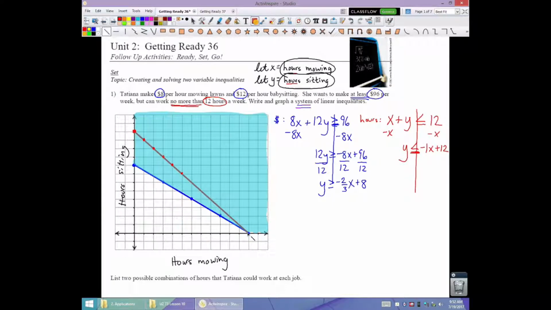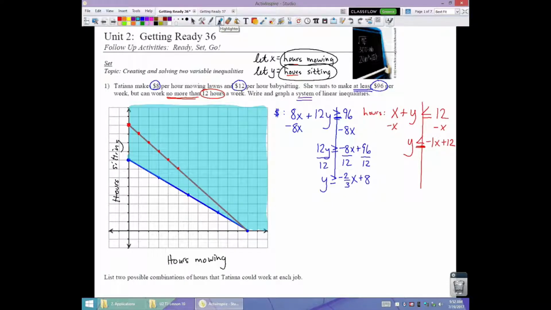And we are going to shade this one under because it's less than or equal. So everything under this line would be satisfactory as far as her hours go, meaning they don't go over her limit of 12.